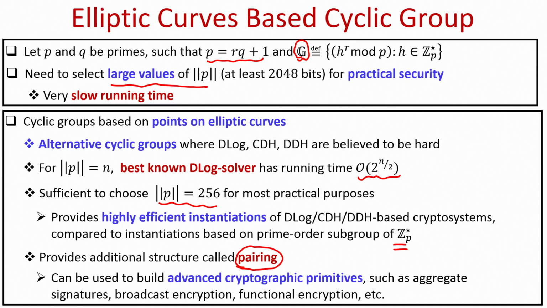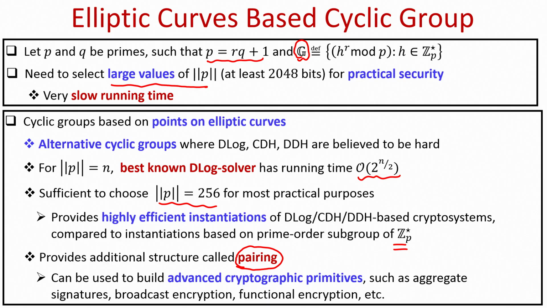More specifically, if the size of the prime that we operate with is n bits, then the best known D-log solver for these groups is of order 2 to the power n by 2, and that means it is sufficient to operate with a 256 bit prime for most practical purposes. That gives us highly efficient instantiations of D-log, CDH and DDH based cryptosystems compared to instantiations based on prime order subgroups of Zp star.